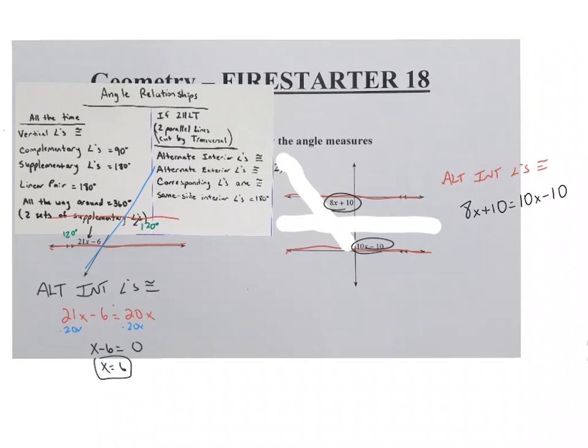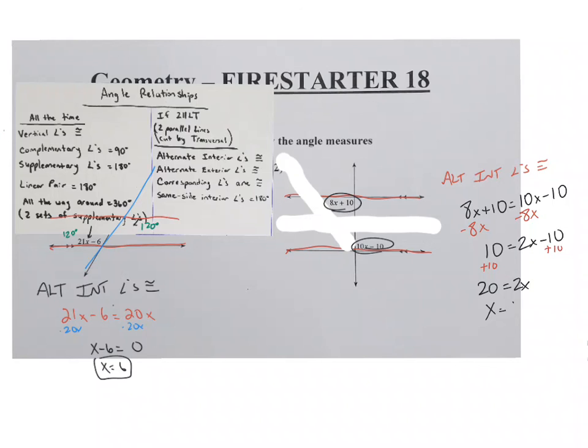I like to put all my x's on the bigger side. So 10x is a little bit bigger. So I'm going to minus 8x from both sides. I end up with 10 equals 2x minus 10. I'm going to add 10 to both sides. So I get 20 equals 2x. Divide by 2 on both sides.